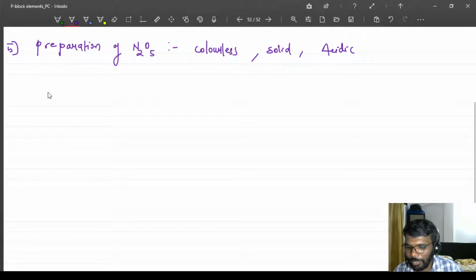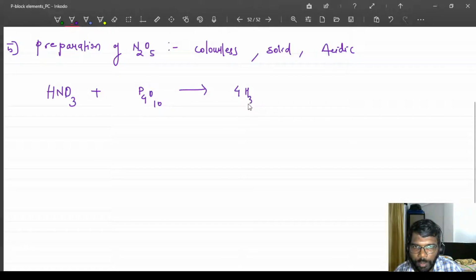I will write it this way: HNO3 plus P4O10 gives 4H3PO4 plus 6N2O5.